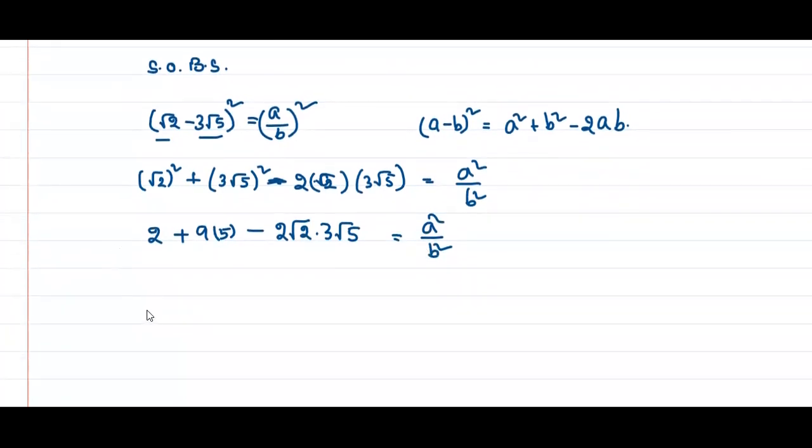So 2 plus 9 into 5 is 45, minus 2 into 3 is 6, root 2 into root 5 is root 10, is equal to a square by b square. Here we can write root a into root b is equal to root ab.